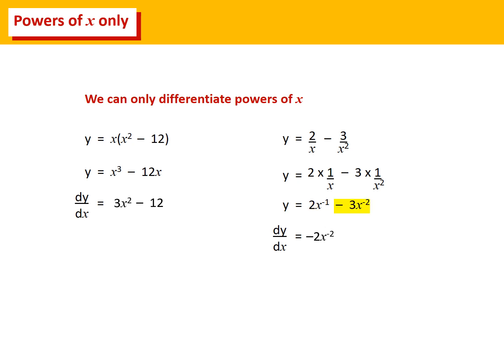For the second term, when I differentiate it, just be careful. I've got the subtraction there, so I still keep the subtraction. Then it's negative 2 brought down, times by 3x to the negative 3. So that simplifies to plus 6 lots of x to the negative 3.